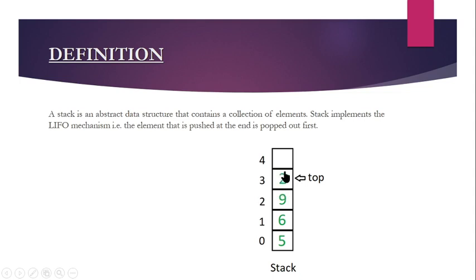The element that is inserted last is going to be pointed to by top. Likewise, if you want to remove, first remove the element and then decrement the top. This mechanism is quite interesting. You have to remember this. Whenever you want to insert any element, increment the top and then go for insertion. Whenever you want to remove an element, remove it and then go for decrementing the top. This will be followed while we create the code.